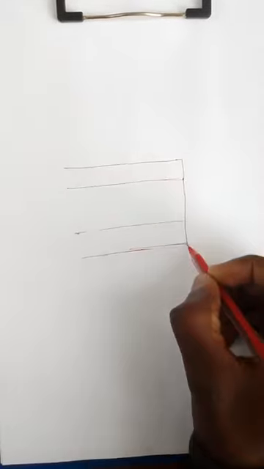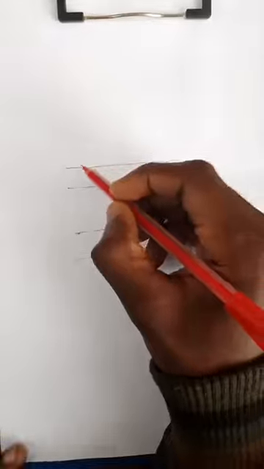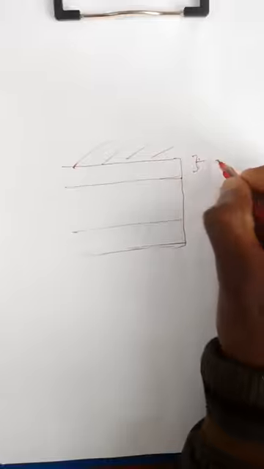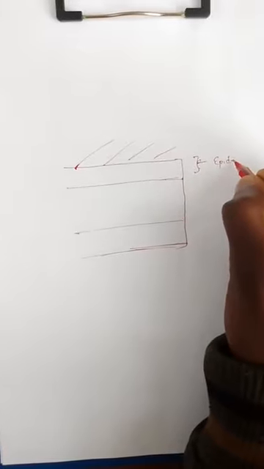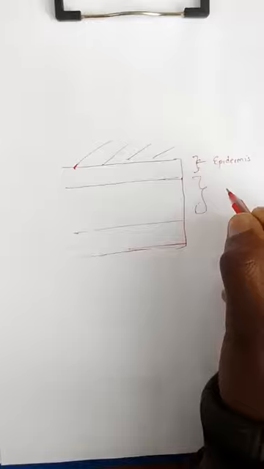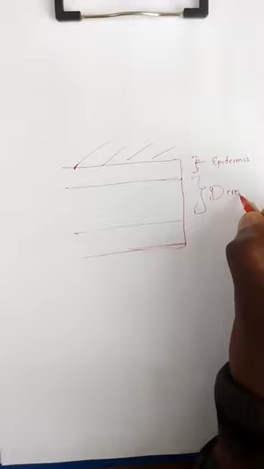Keeping in mind that this is our skin, here we're going to have the hair on top. The first layer that we're going to have here, this is what we call the epidermis. Then this is going to be our dermis.